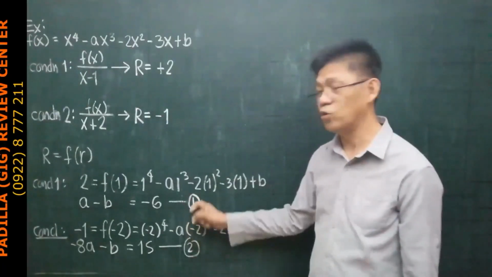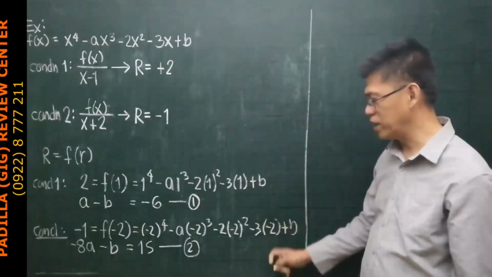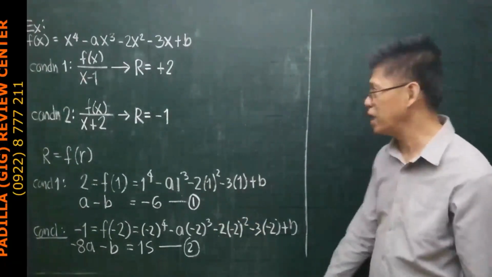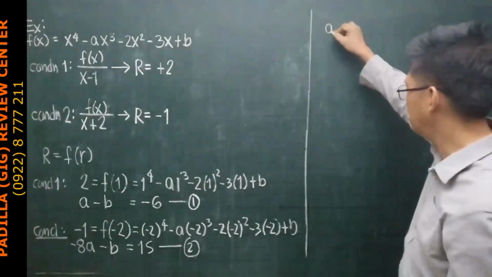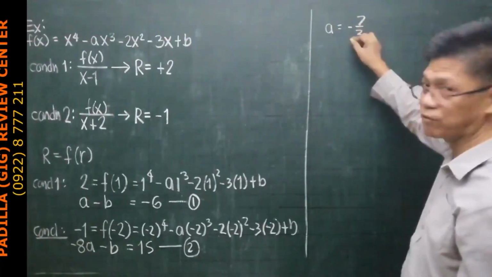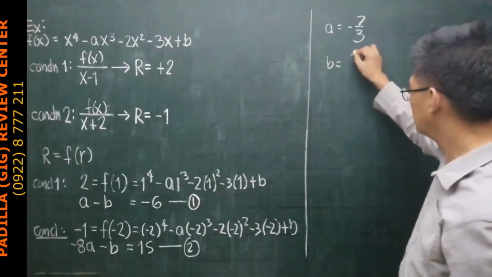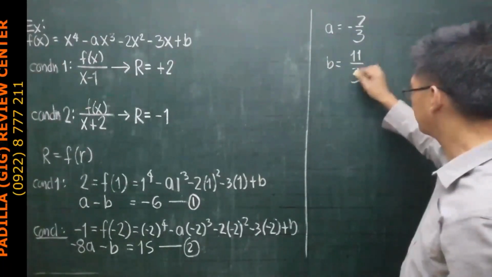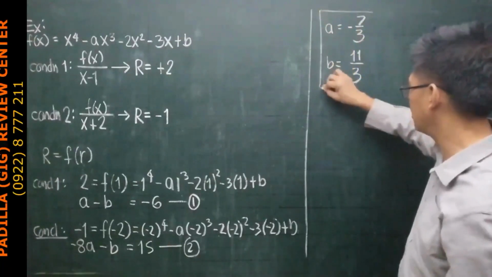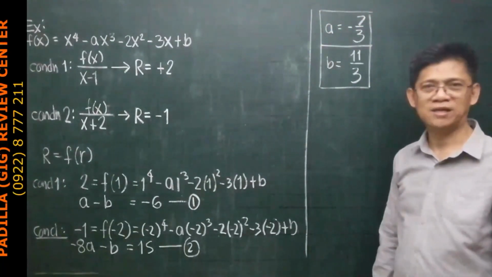You have here two equations, two unknowns. So you calculate these two equations, two unknowns, you'll be able to get A, which is equal to negative 7 over 3, and B, which is equal to 11 over 3. These are the values of your A and B.